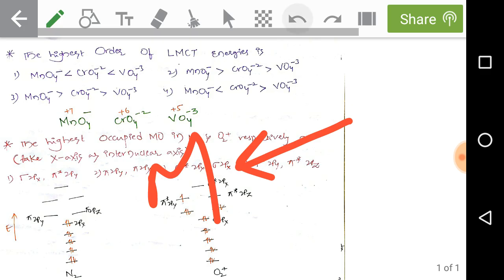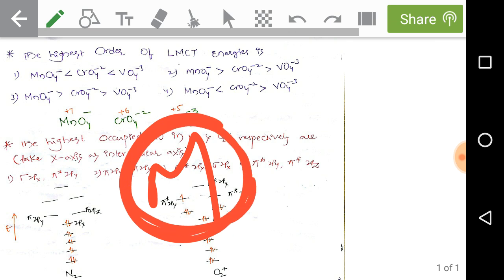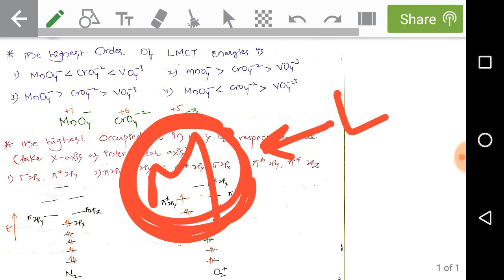Whenever the charge is lower, the electron density increases around that metal, and in that case ligand to metal charge transfer is difficult, because the metal is getting satisfaction with the electron density on it. So it doesn't need to get a charge transfer from ligand to metal. In that case, to transfer charge from that ligand to metal, high energy is needed.